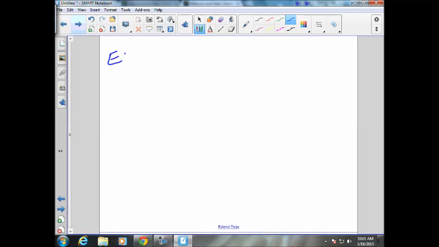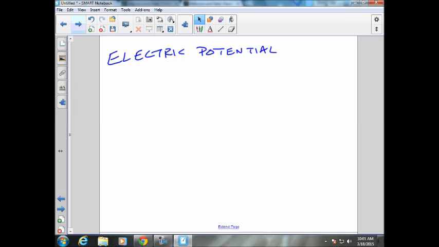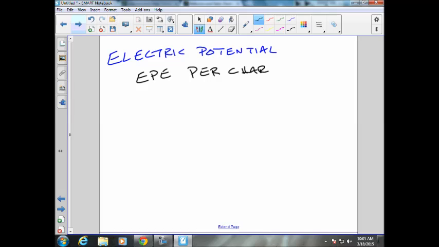That is a term known as electric potential. It's the electric potential energy per charge. There is no mechanical equivalent to this.